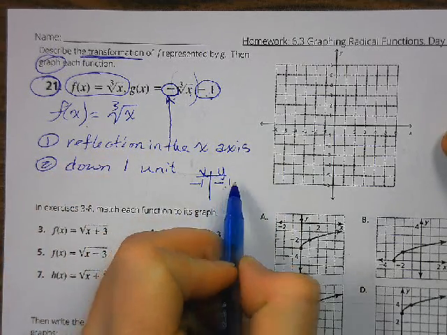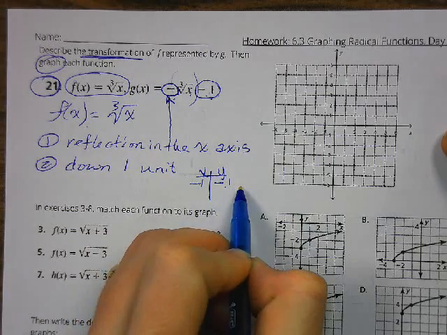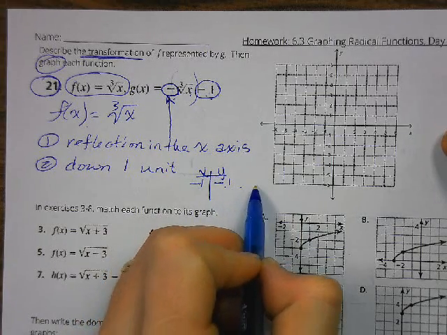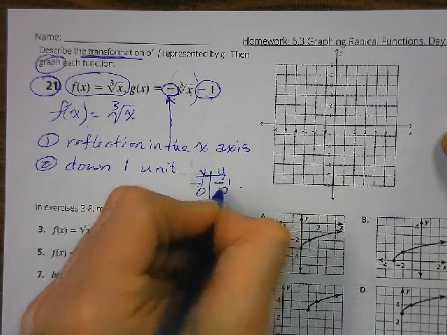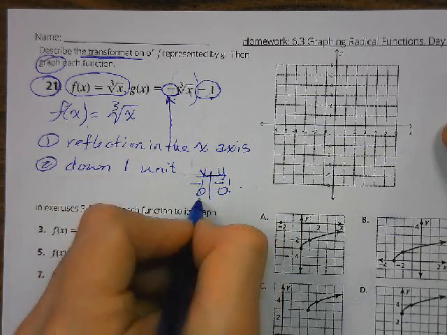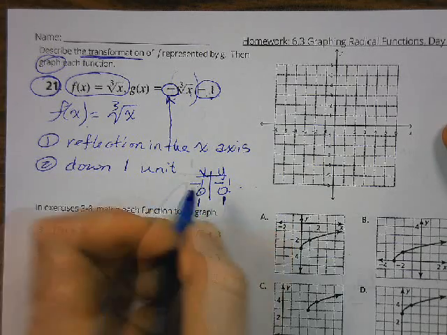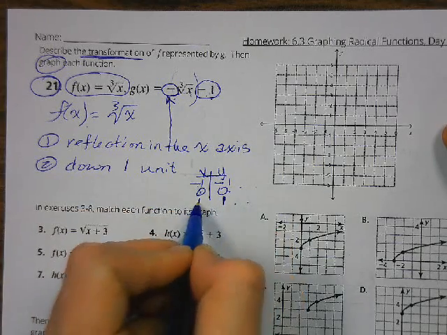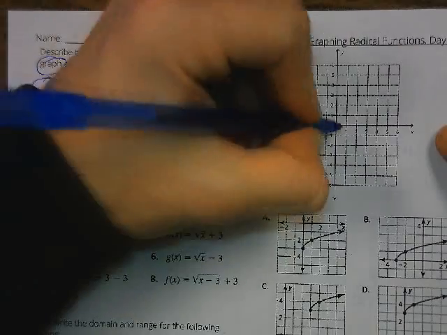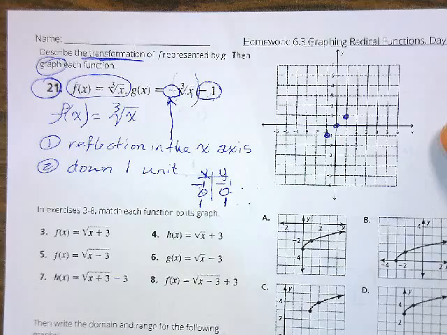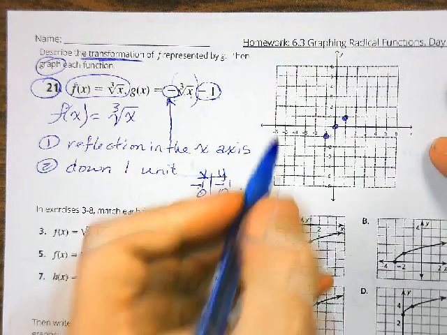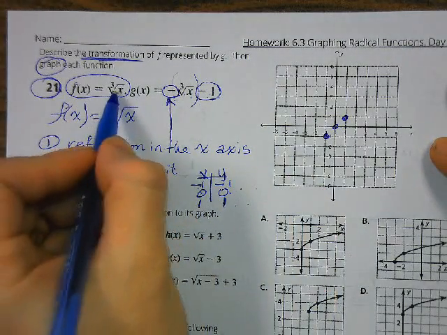The cube root of 0 is 0 for the same reasons, and the cube root of 1 is 1. 1 times 1 times 1 will give you 1. So we're going to graph those 3 coordinate points, negative 1, negative 1, 0, 0, and positive 1, positive 1. Your cube root function will follow the same pattern as your cubic. So it's going to start low, and it will end high.